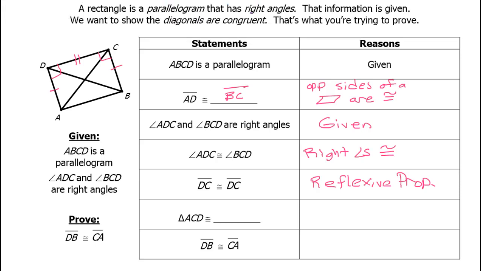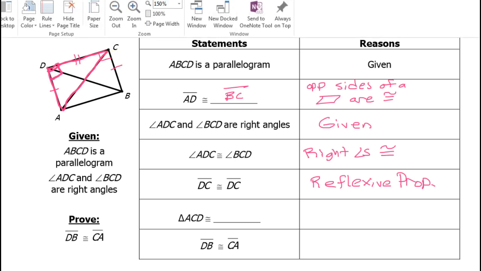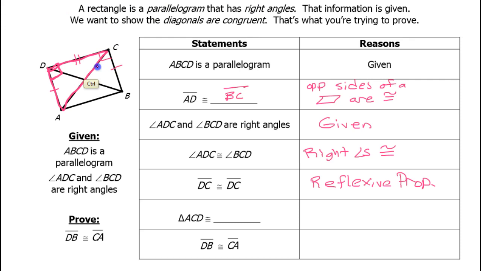So understand this. The two triangles that we are looking at, we have one triangle that's like this, and you can see the right angle right here. But the other triangle is like this. You know what, let me do this in green.